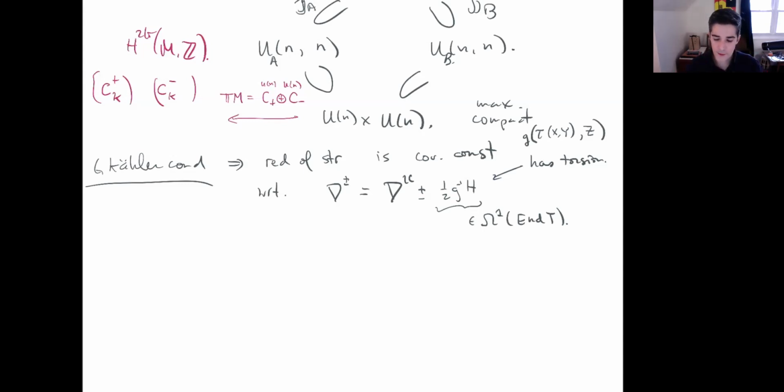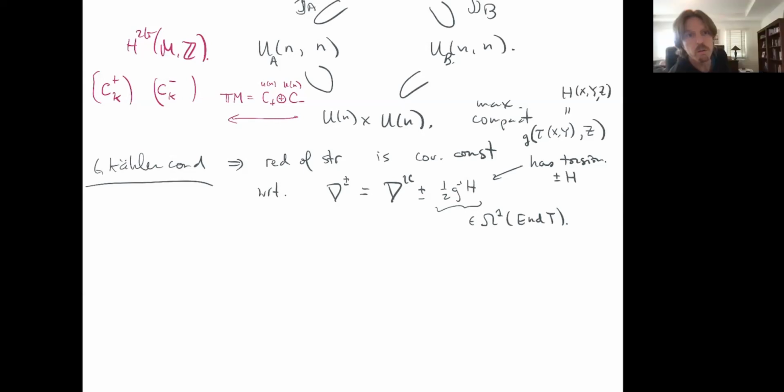And the cool thing is that this is H(X, Y, Z). So H turns out to have an interpretation as the torsion of the connection, which is important for the geometry. So it has torsion H plus or minus.